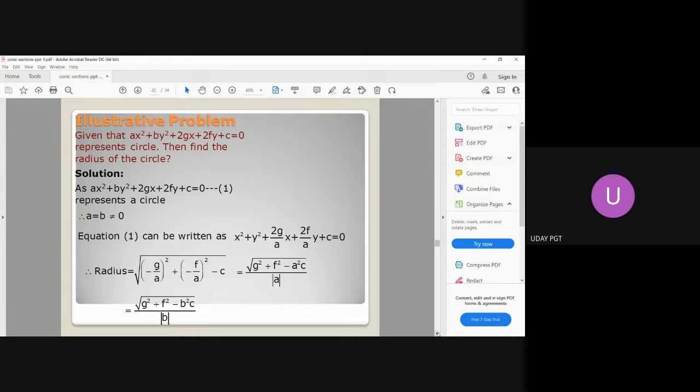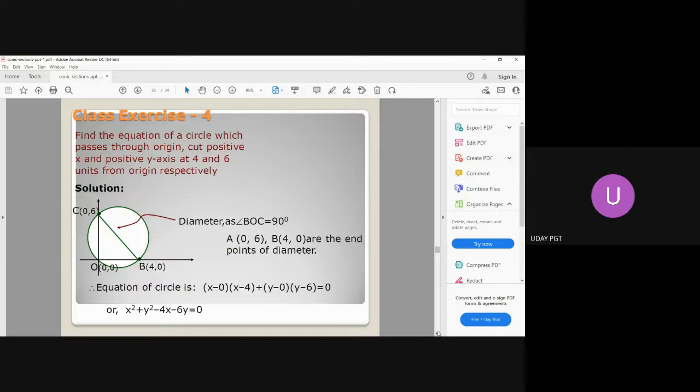When you divide the complete equation by a, it will be transformed so that the coefficients of x square and y square will be 1: x square plus y square plus 2g by a x plus 2f by a y plus c by a equal to 0. Normally, the radius of the circle is the square root of g square plus f square minus c. Simplifying this, you get the radius like this. Okay?